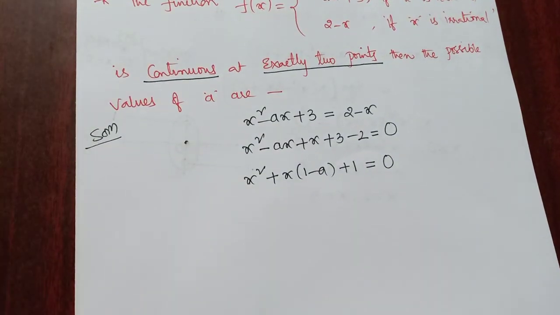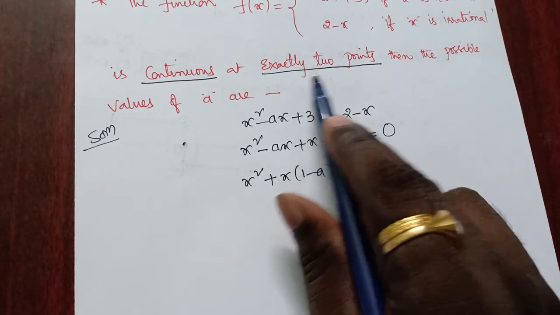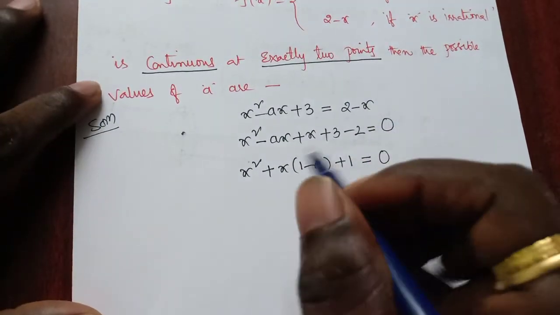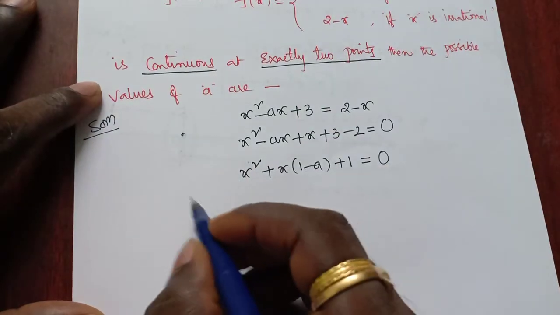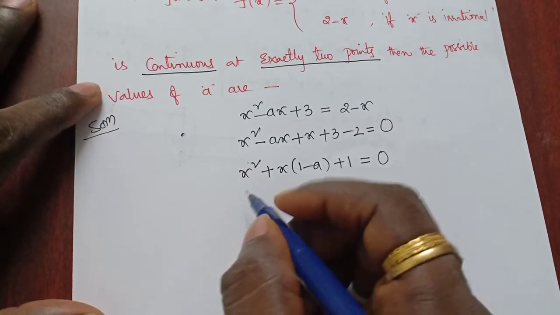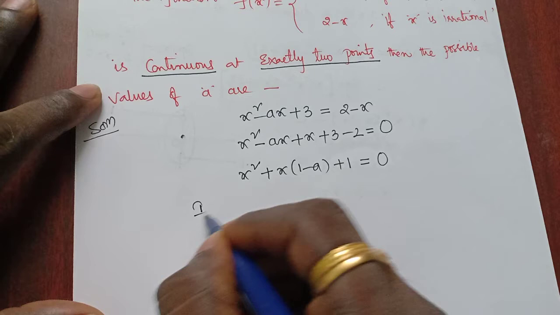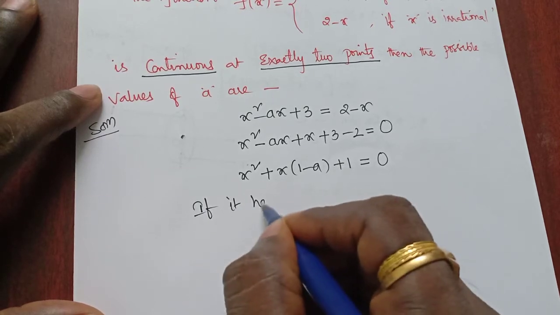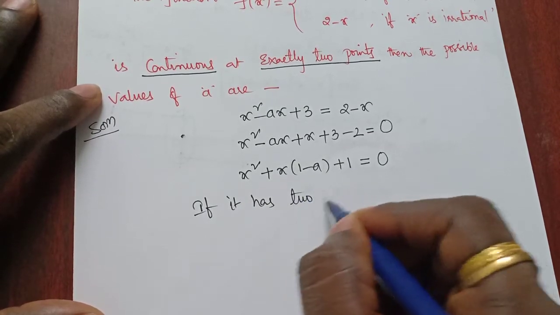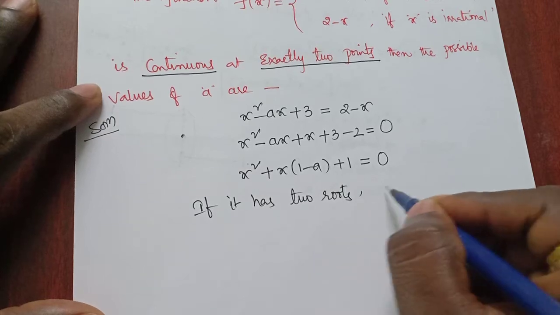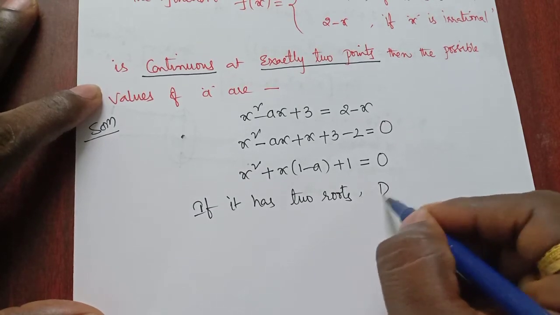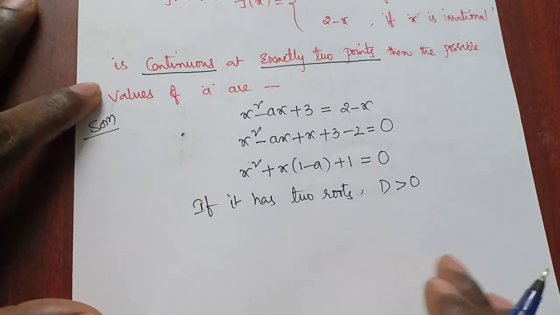We get a quadratic equation. And finally, what has it given? It has exactly 2 points, which means that it has 2 roots. If it has 2 roots, clearly discriminant is greater than 0.